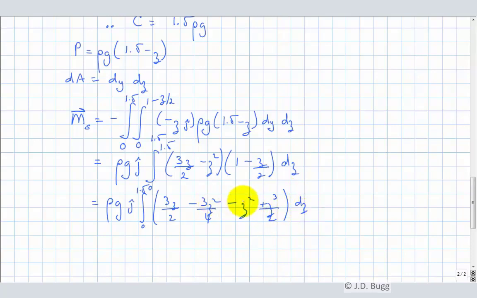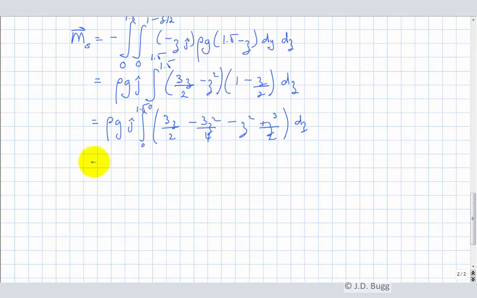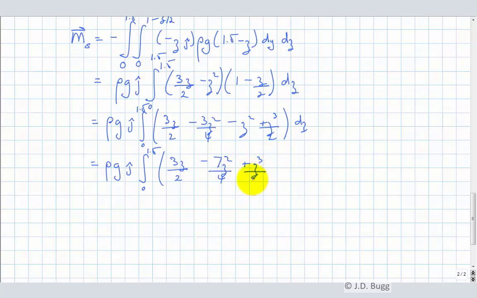We can combine the two terms here that are based on z squared. So we have rho gj still, integral still waiting to be done. We have 3z over 2 minus 7z squared over 4 plus z cubed over 2 dz.